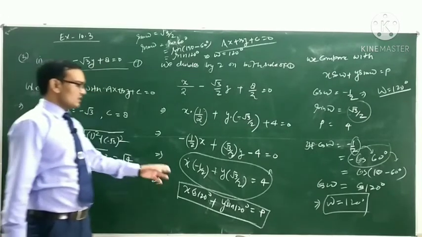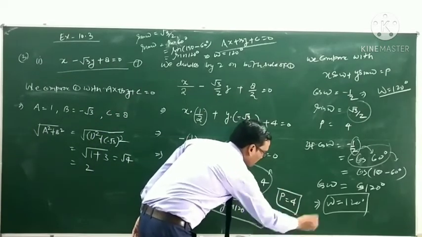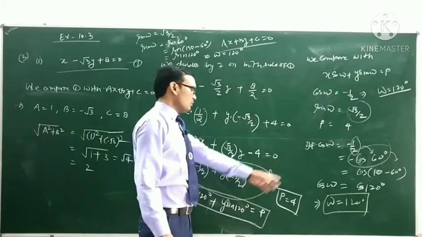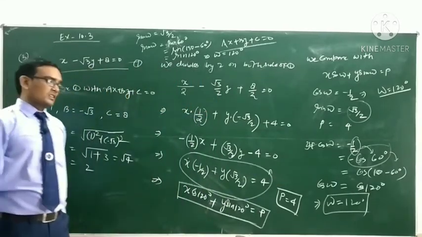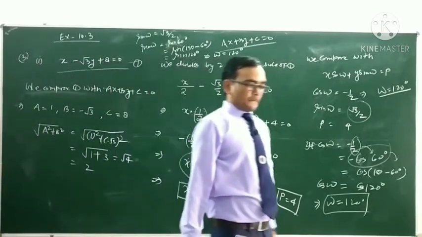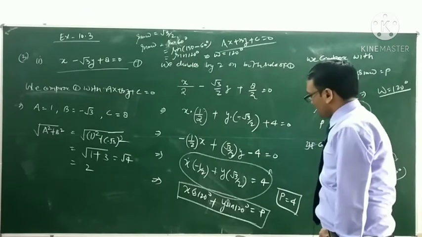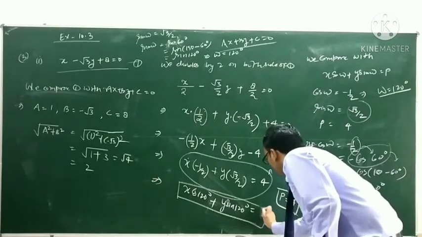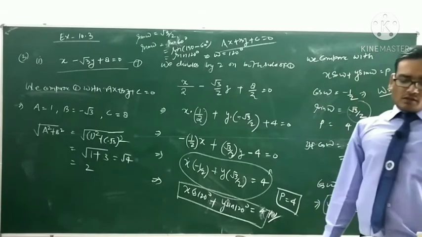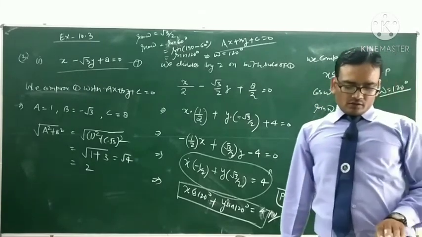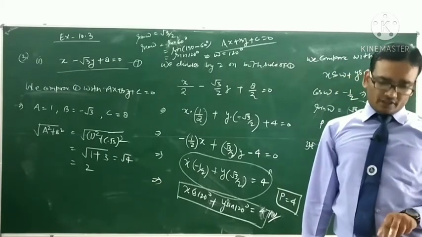Okay, students, the value of p equal to 4 and the value of omega equal to 120. This is your answer. You try to solve the second part and third part of this equation.